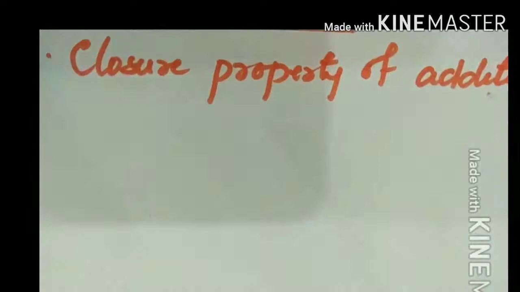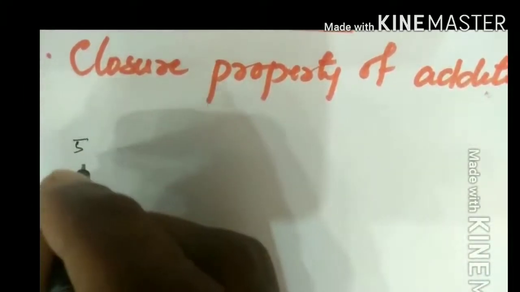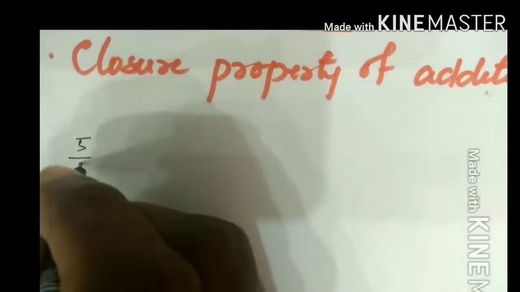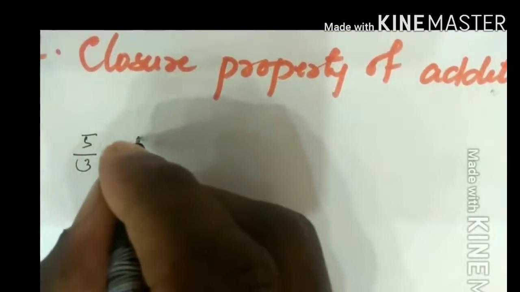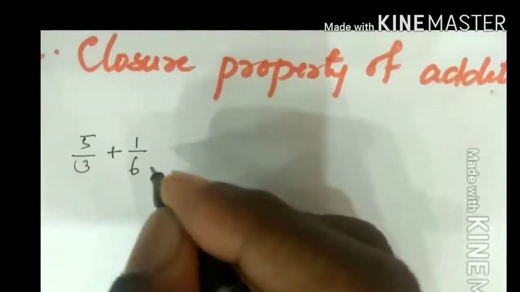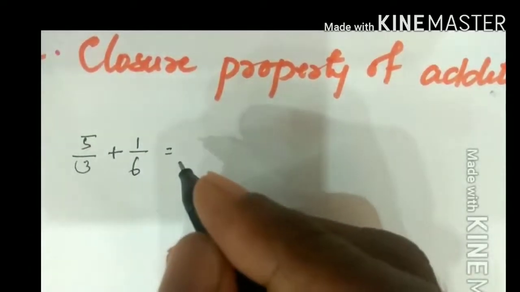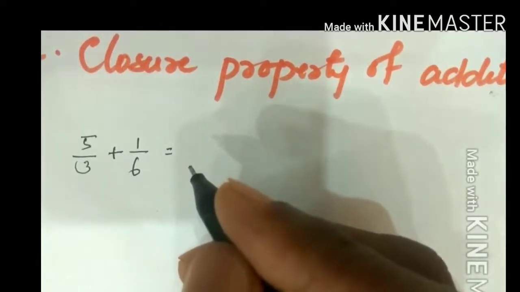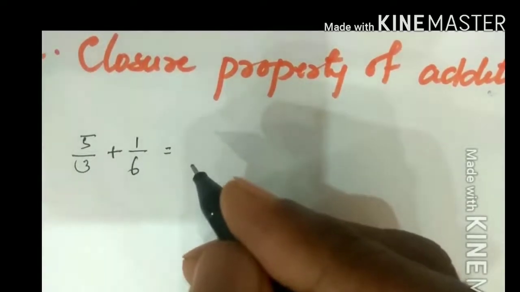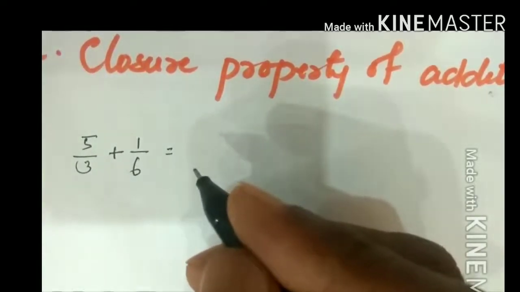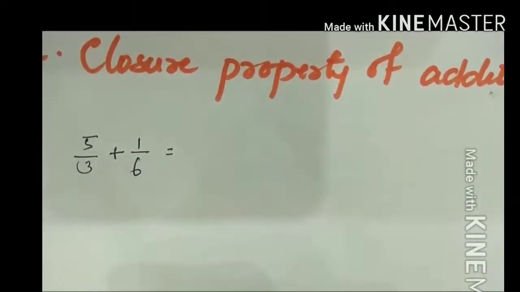Let's observe the following examples. 5 by 3 plus 1 by 6. Look here, 5 by 3 is a rational number and 1 by 6 is another rational number. I'm going to teach you the closure property for addition.